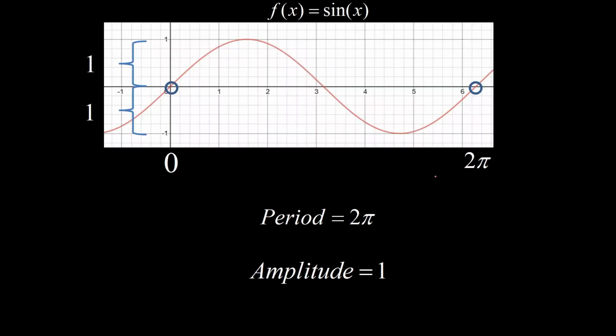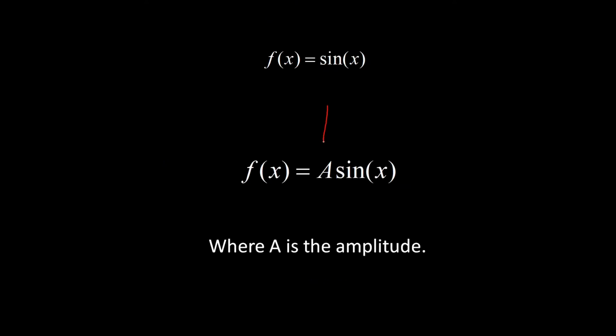In other words, if we go back to this picture here, this amplitude is the leading coefficient of sine. Now, in this case, the amplitude is 1. But this amplitude changes if we change A.